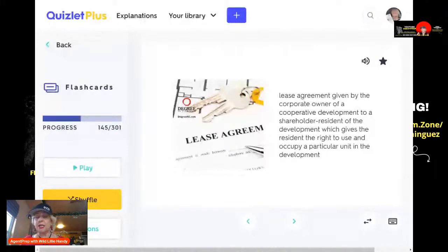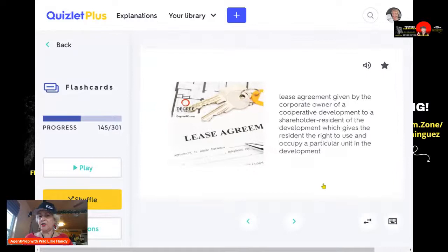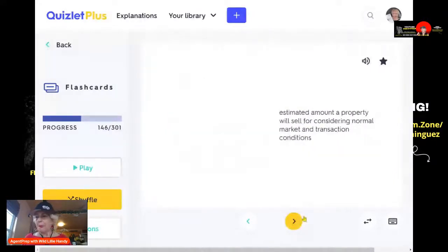So they get to share that unit with several other people at certain times of the year, and they also pay a maintenance fee. Well, this is a lease agreement, not just a timeshare. Proprietary lease. Gotcha. Got me too.